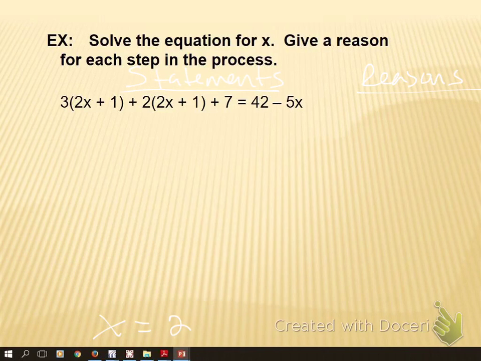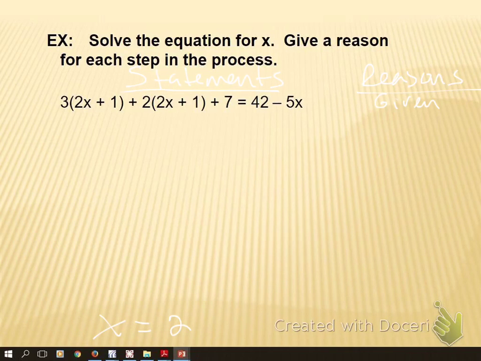Well, how in the world do we get from this big equation down to X equals 2? Well, through a series of steps. And so we start. We write down our equation first. And how do we know to write that down? Well, that was given to us. And so we start with given. Always your proofs start with given.